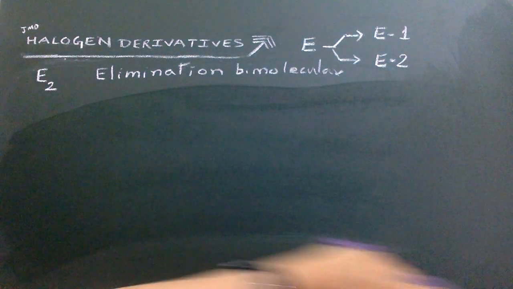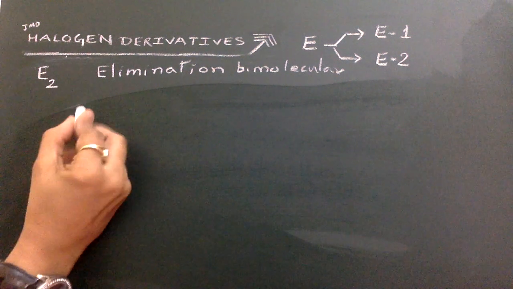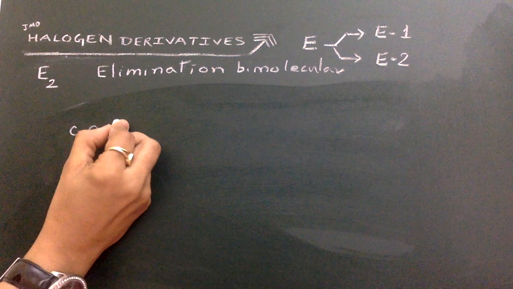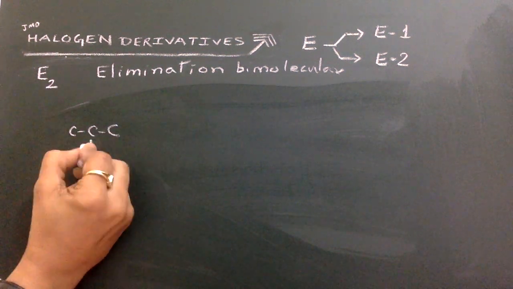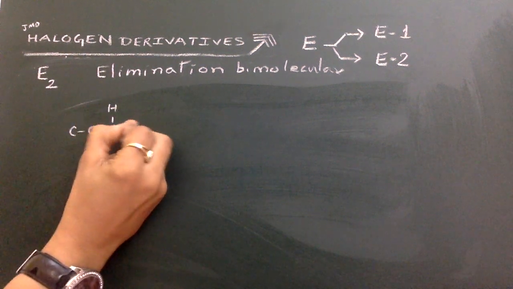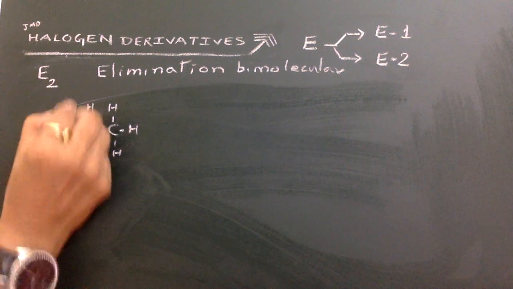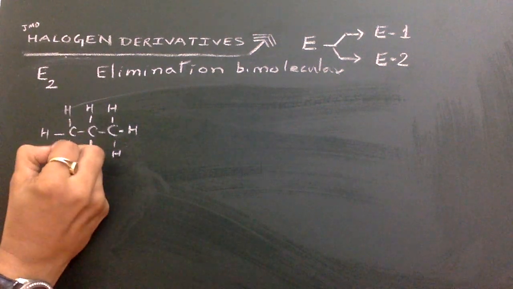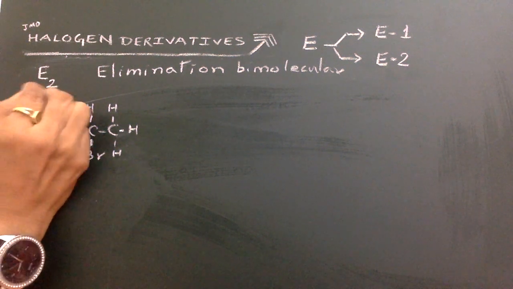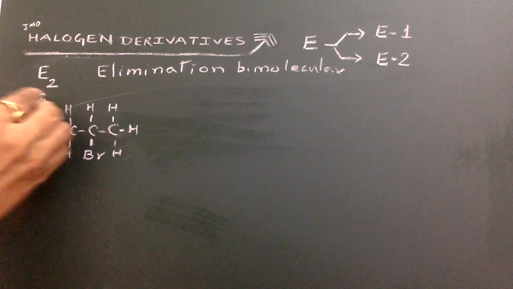Now, how is the mechanism here? Let us see. Students, here I am taking the molecule of 2-bromopropane, and I'm writing all the hydrogens separately just to understand it better. Now OH minus is behaving as a base.